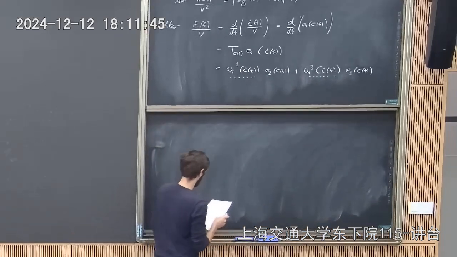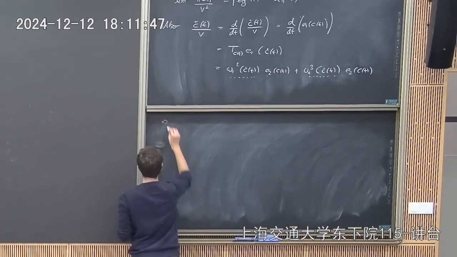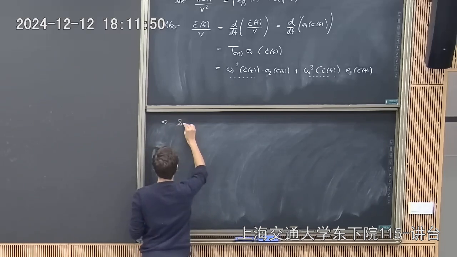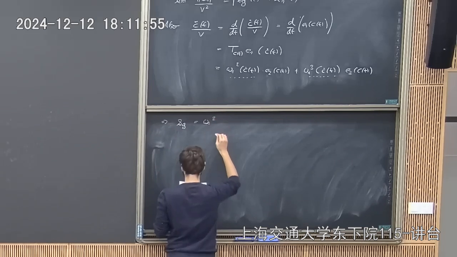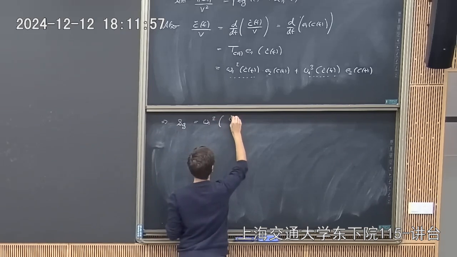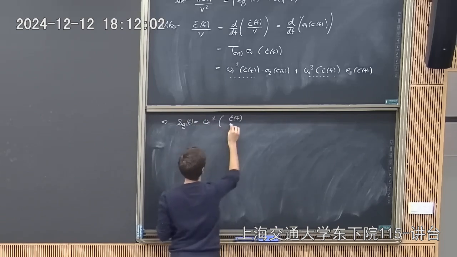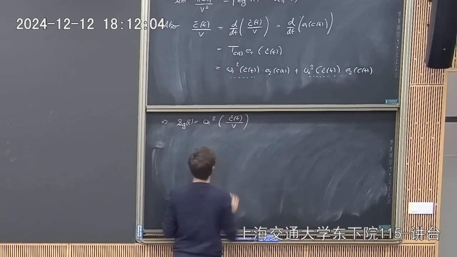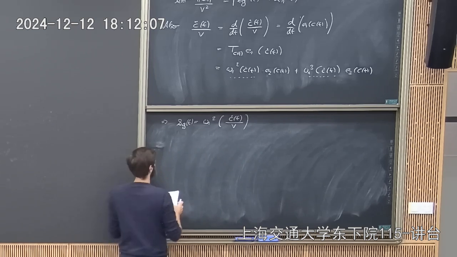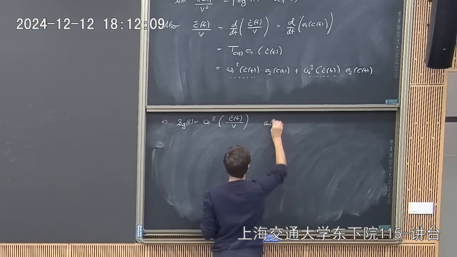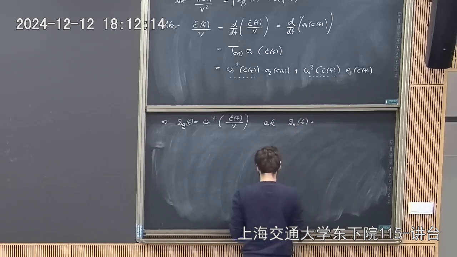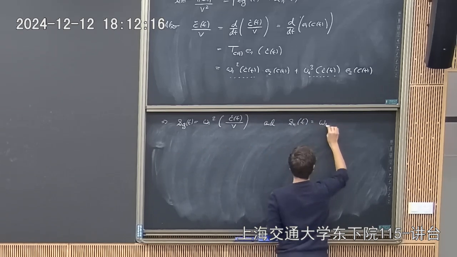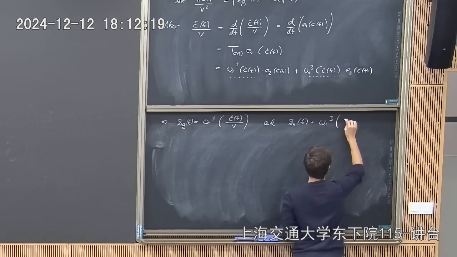What we read off is the following, namely that kg equals omega 1, 2 evaluated at c dot of t over v, and kn of t equals omega 1, 3 of the same expression.